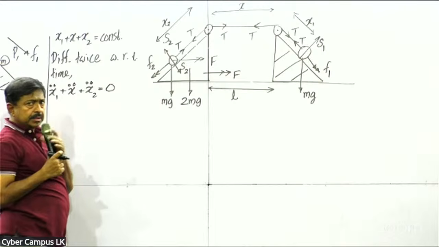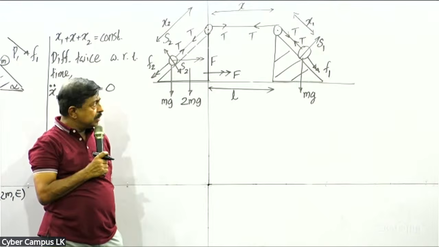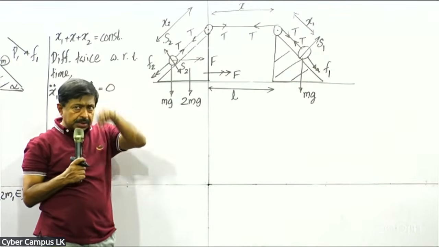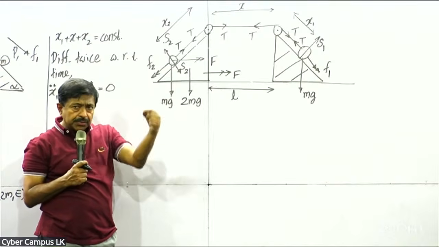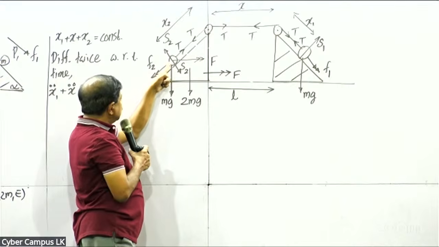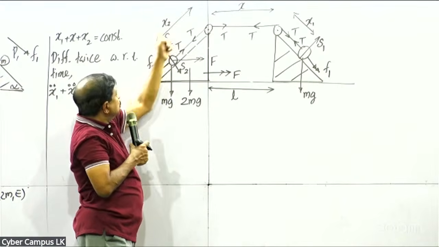Now look at the directions of each acceleration and see what the effect of that particular acceleration is on the given variables x1, x, x2. If this one takes the direction indicated by F2, x2 increases.